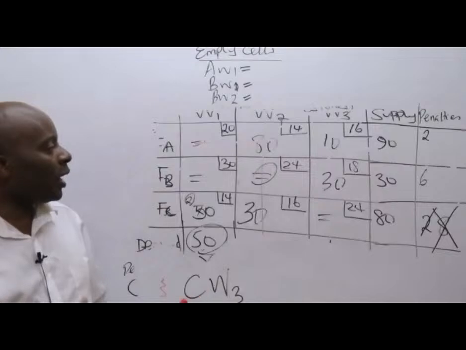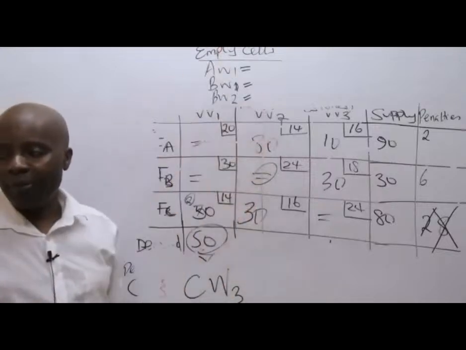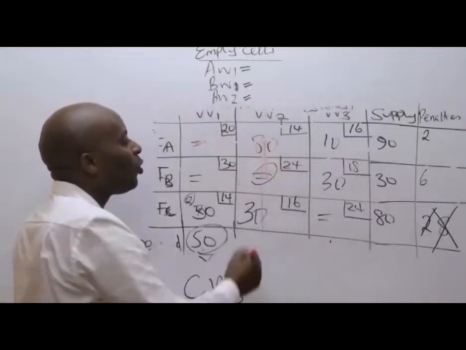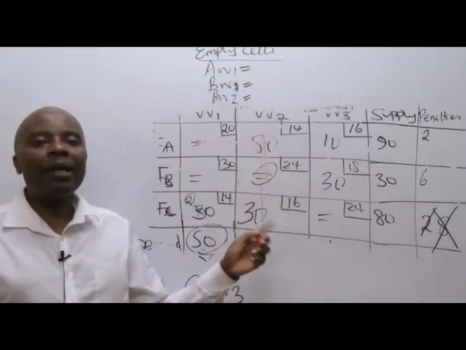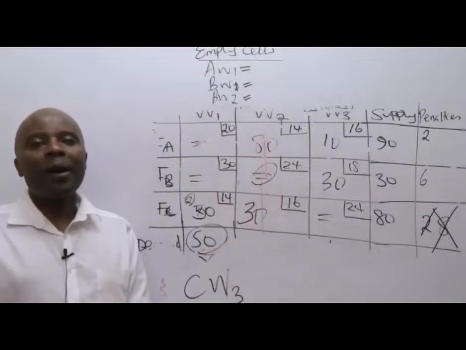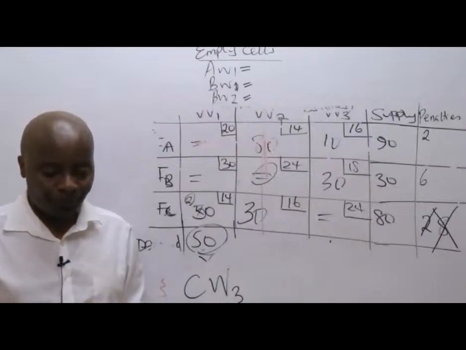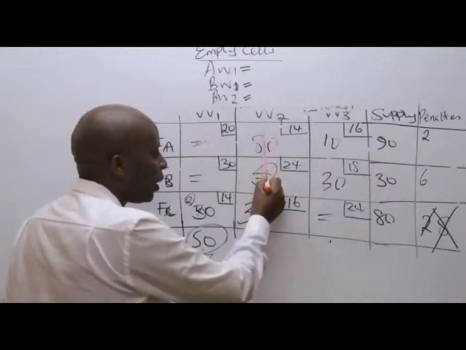Bending means I use a vertical line. I can't go up, so I go down. There is no way I can stop on an empty cell, because you can never make a bend on an empty cell. Bending only happens in a cell with stones. So from here, I expect you to go down like this.